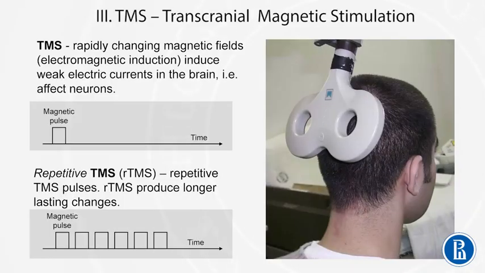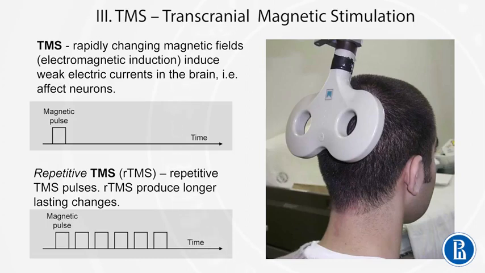There is a way to stimulate the human brain without any damage to the brain. This method is called transcranial magnetic stimulation. You see on this screen the coil. This coil consists of metallic wires, and if you apply a very strong current, this coil produces a very focused magnetic field.